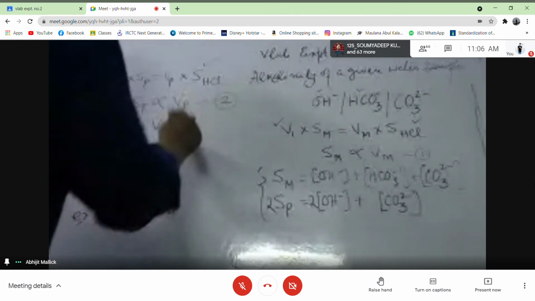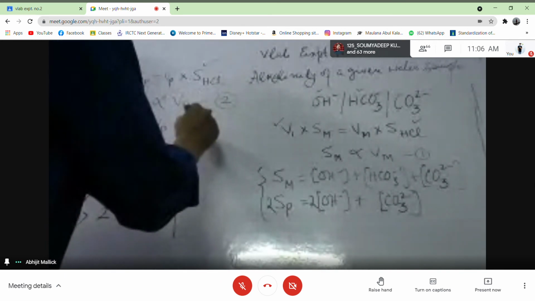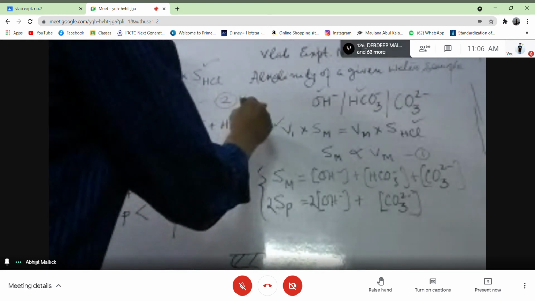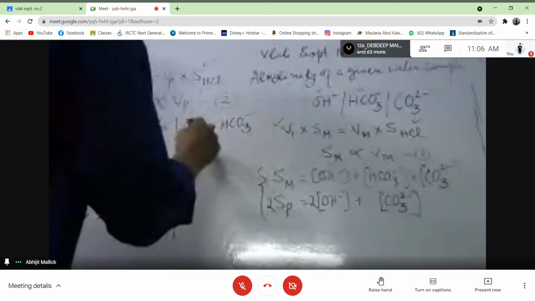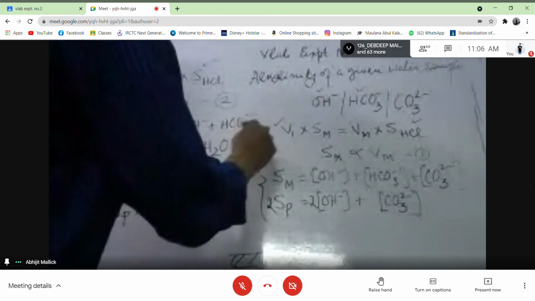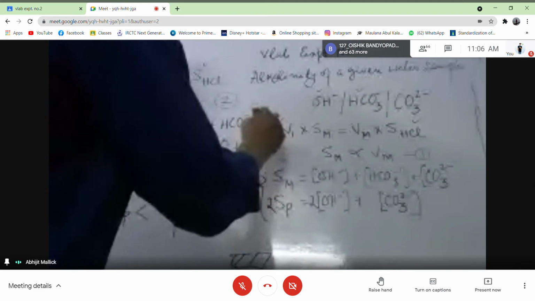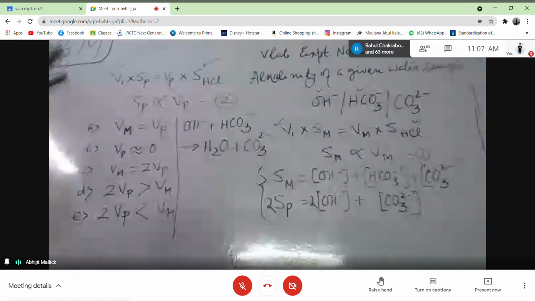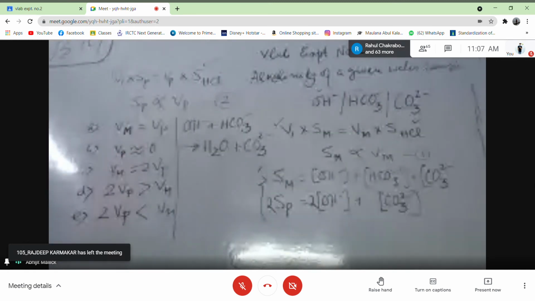Reaction is this. That means bicarbonate and OH minus react, that is, both are converted to carbonate ion only.